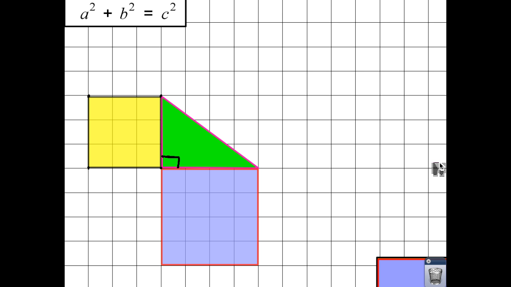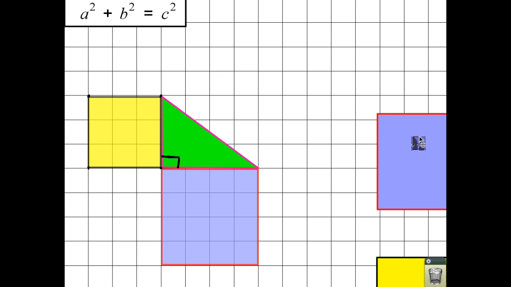Now according to the theorem, we're going to take the a square and add it to the b square, and that's going to create this c square. How many units are going to be under that particular box? Well, we're going to have to play around with that a little bit.